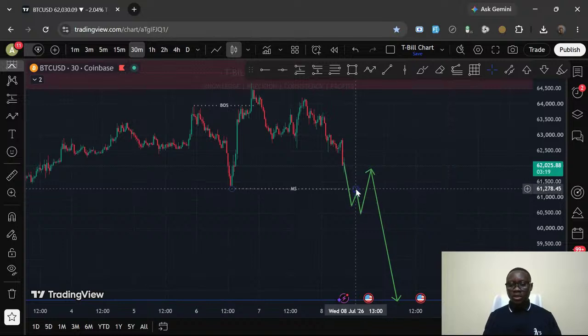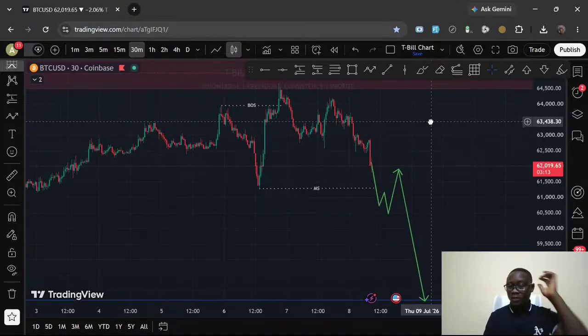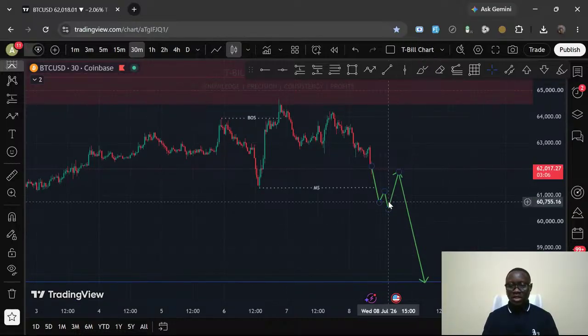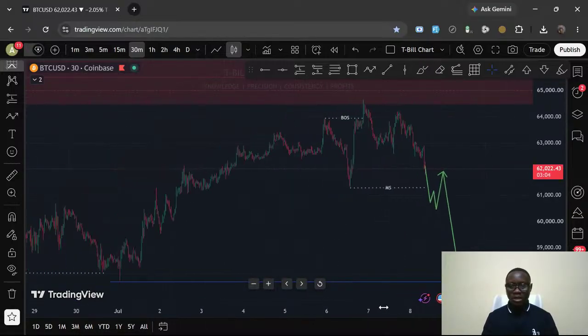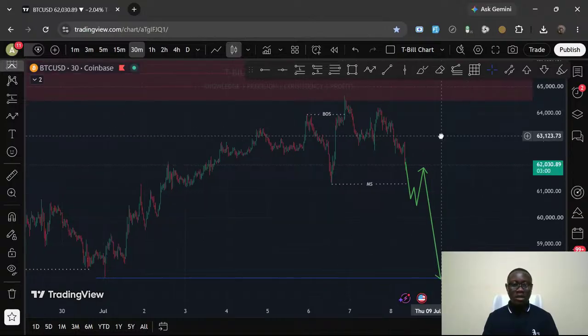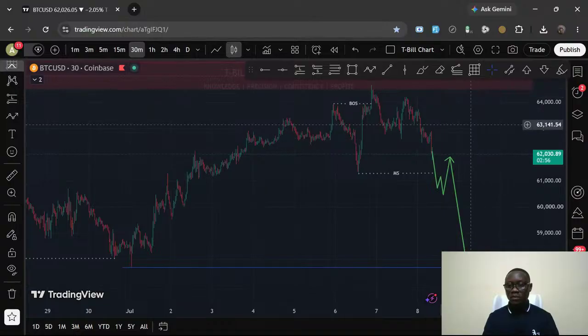So this is what I would expect. This is what I'm anticipating on BTCUSD. Until I get this, I'm not going to do anything on BTCUSD. This is the reversal pattern I'm anticipating. Until then, I'm not taking any trade on BTCUSD.